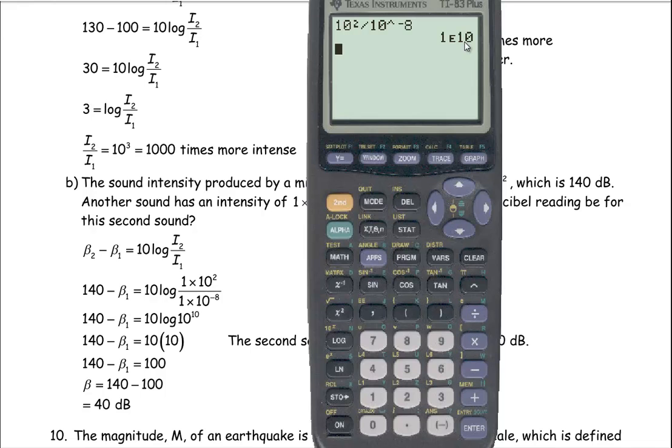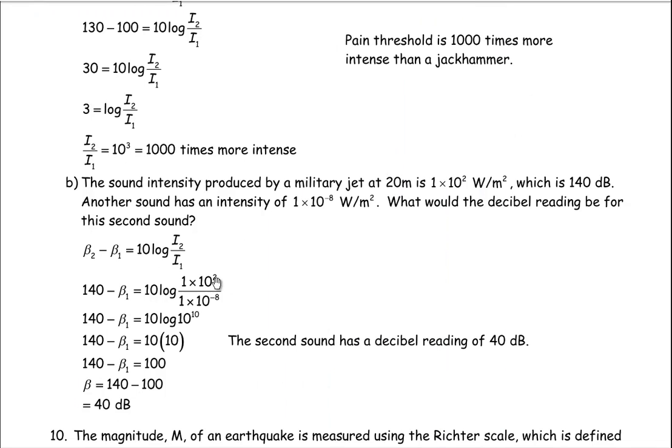So you get 10 to the power of 10. You can use the exponent rules and say it's 2 take away negative 8, which is again 10, so that simplifies to 10 to the 10th.